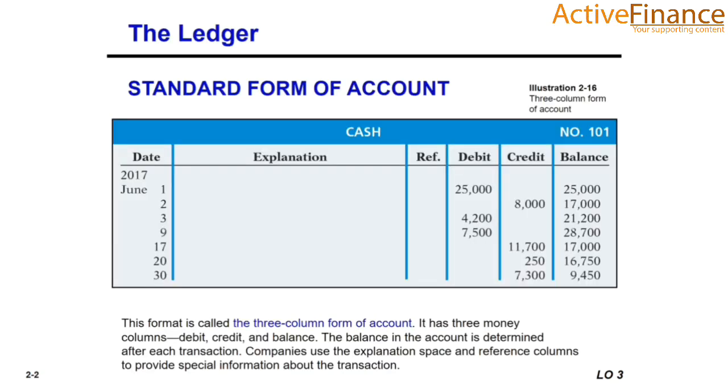This is the illustration of the standard format for the general ledger and the standard form of accounts. It is also called the three-column form of accounts. First, in the format of the general ledger we provide the title of the account, like cash here, and the reference number of the general journal.